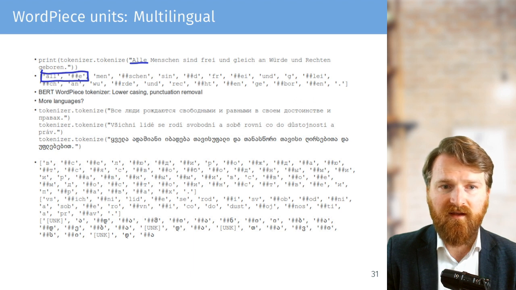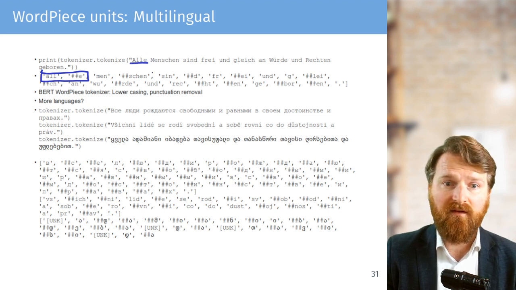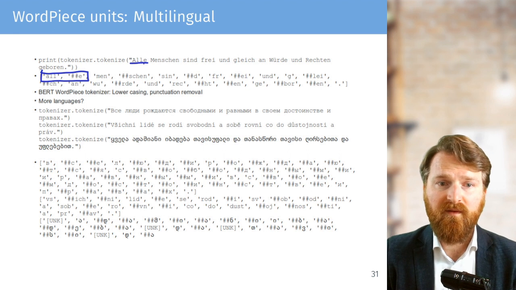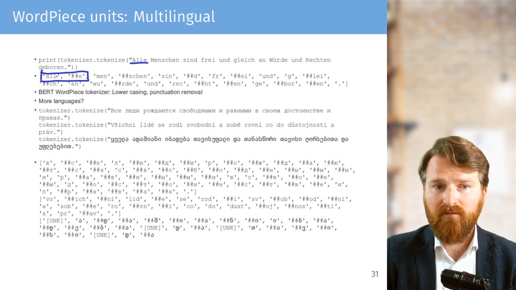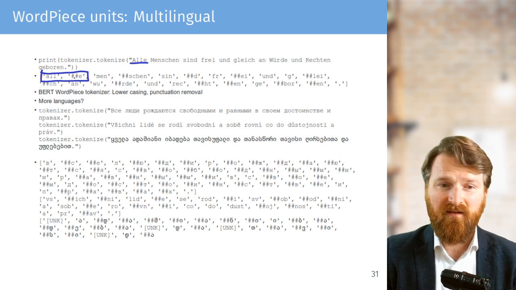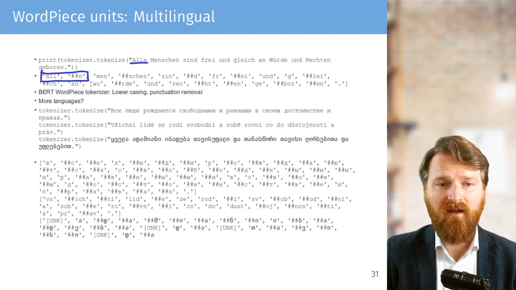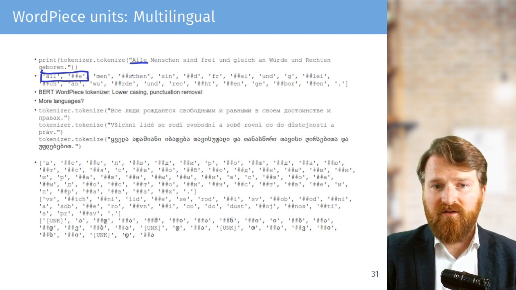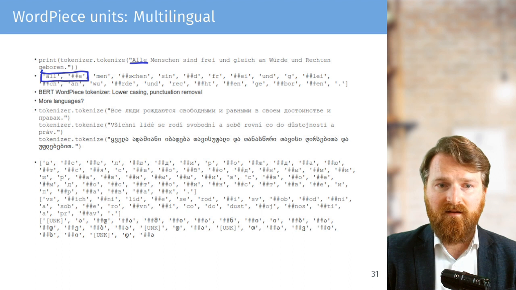The 2 hashtags are a special symbol that marks that we split the previous word, because alle is not a unit in this word piece inventory. So we're splitting into something we know, which is all, and then the suffix e. Menschen is the same thing.